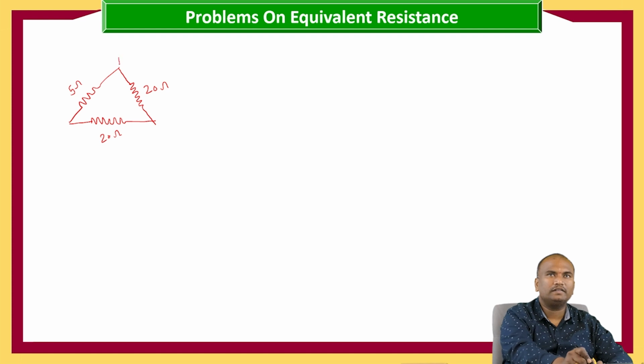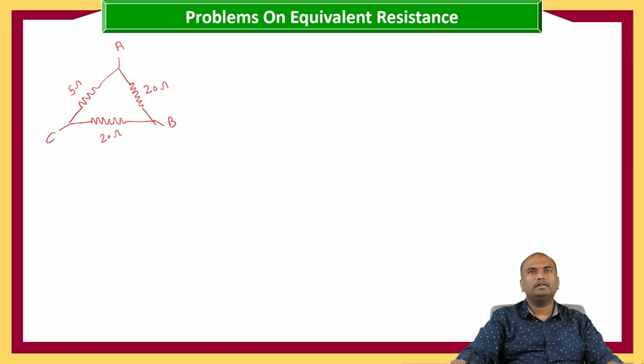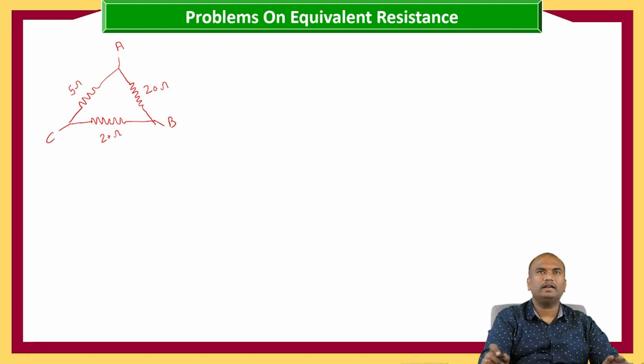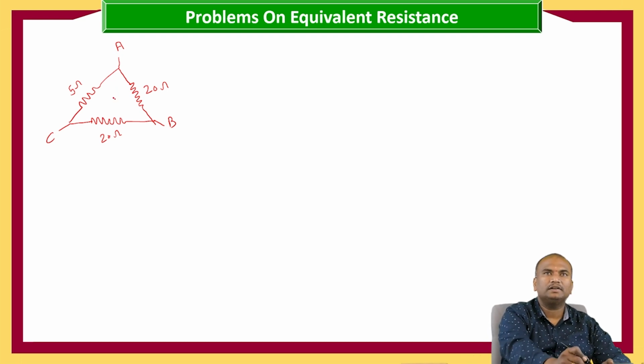This is the delta which is given between A, B and C. Here, for converting the delta into star and replacing it in a circuit will be easy, because inside the delta we have to keep one common point. To the common point we have to draw the three resistors from the corners of the delta.